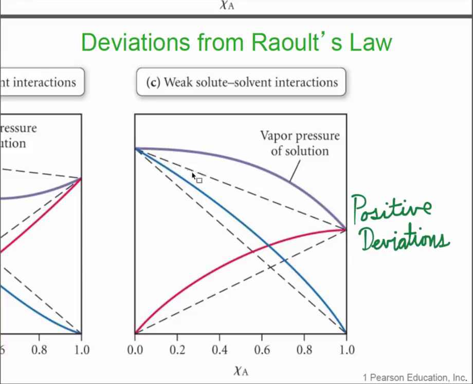So this line is Raoult's law, and the law is sort of a descriptive approximation. It doesn't always match with what we see in the lab, but it is an approximation.